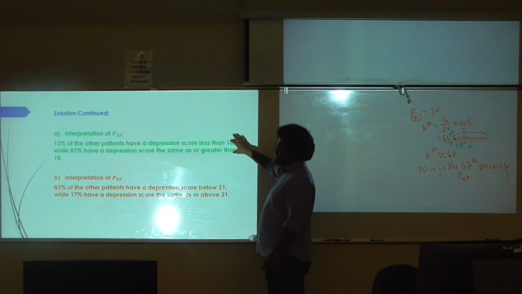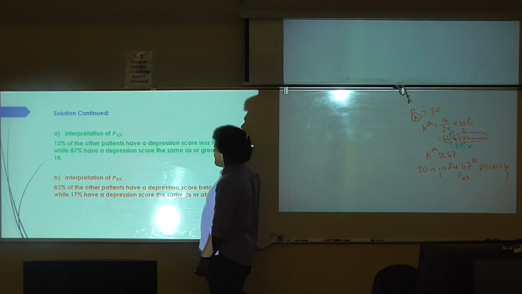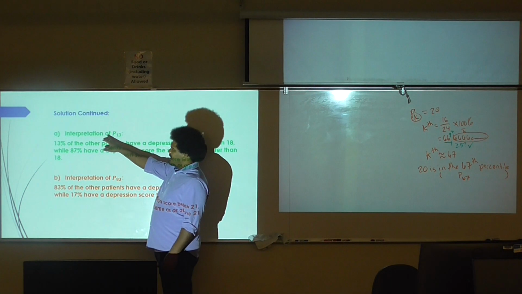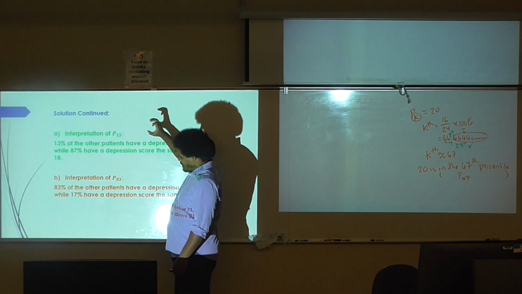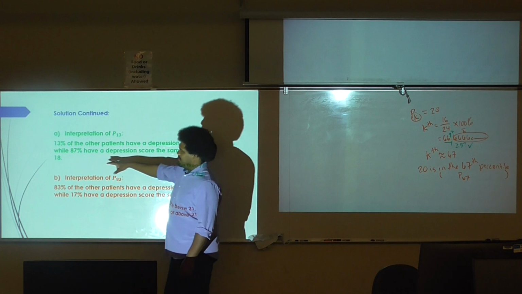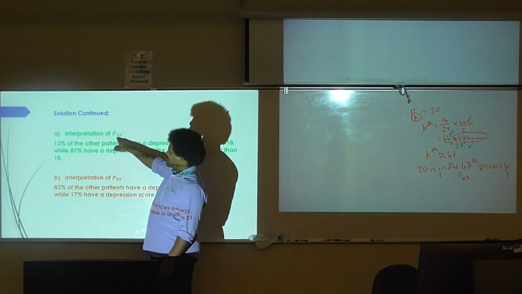So here's the interpretation I forgot to do. Once we found out the number, what was the number? Okay, it's going to be here somewhere. 18 was the 30th percentile.